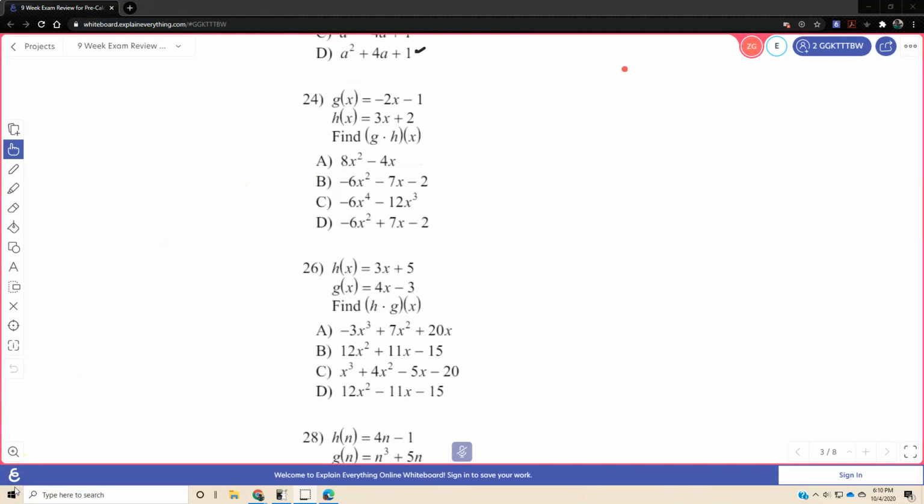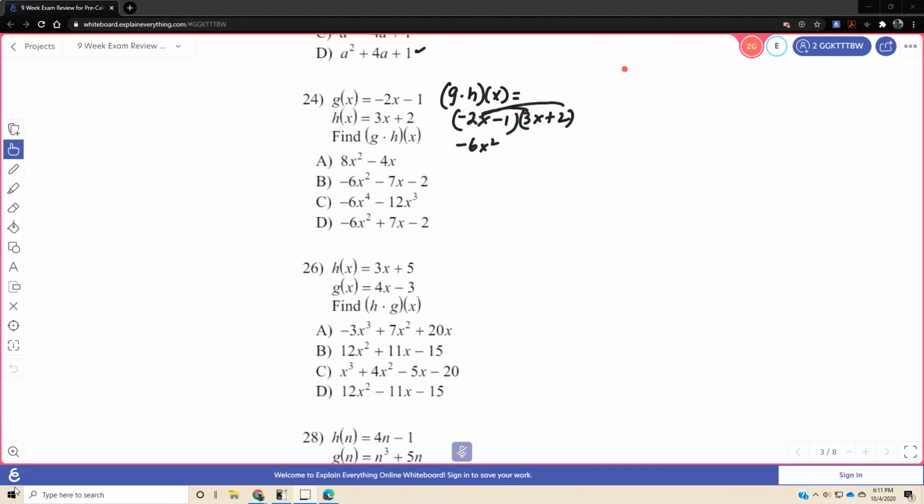24, we're going to go ahead and multiply g times h. So we have g times h. So we have negative 2x minus 1 times 3x plus 2. Negative 2x times 3x gives you negative 6x squared.